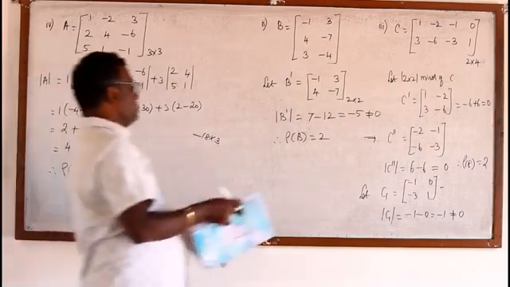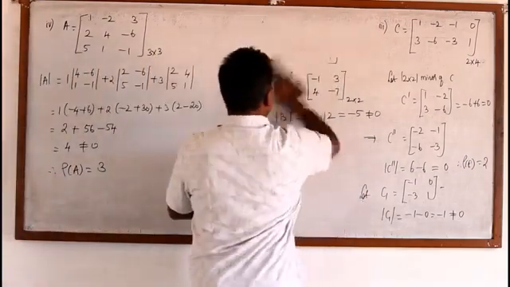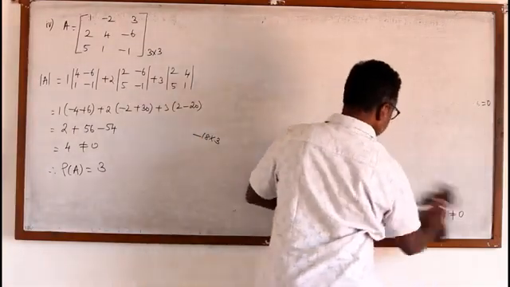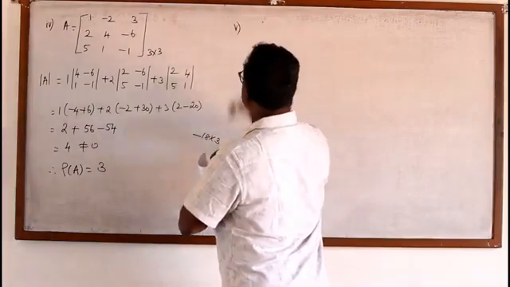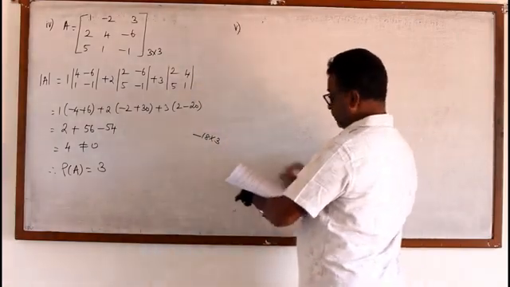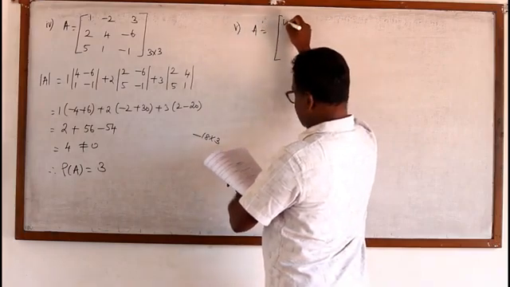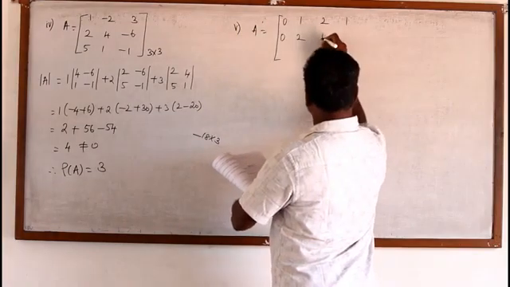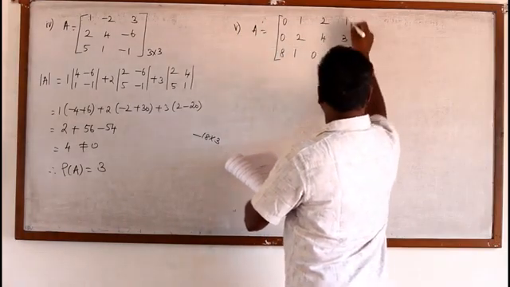Now we shall go for the next one. Suppose it is not a square matrix. A equal to 0, 1, 2, 1, 0, 2, 4, 3, 8, 1, 0, 2.